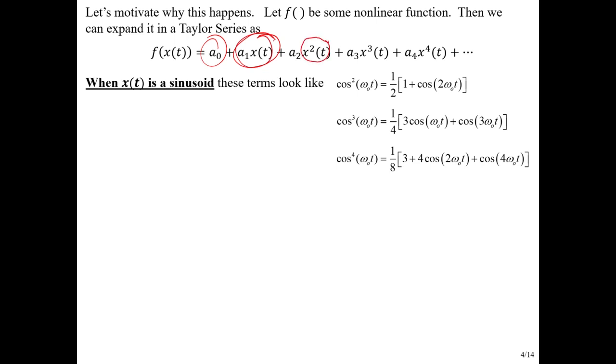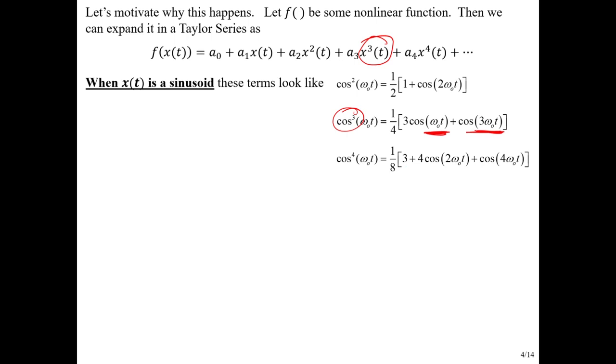But now let's look at this term. It's going to be a cosine squared. And if you look at your trig identities, you'll see that we can rewrite that as a constant plus a sinusoid at twice the frequency of what went in. And likewise, we can write the cubic term. So this is that term with the sinusoid going in. And we get something at the original frequency and something at 3 times.